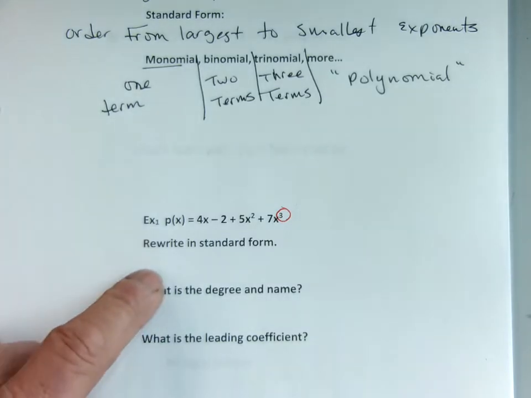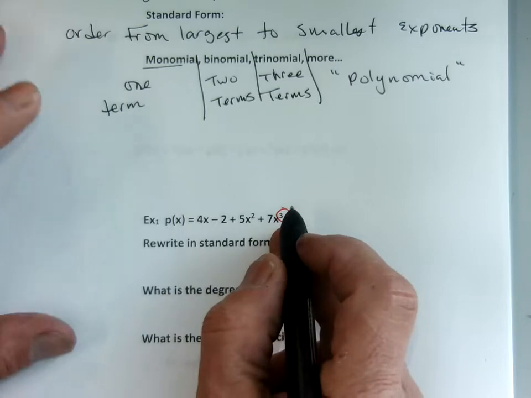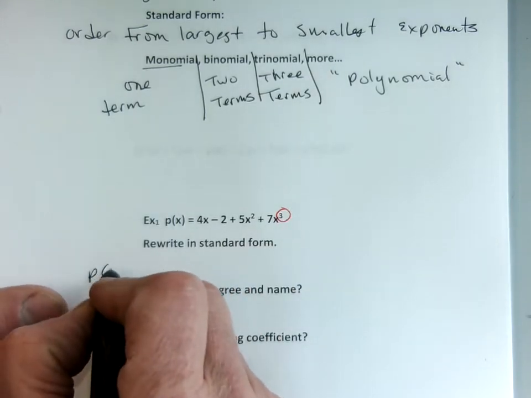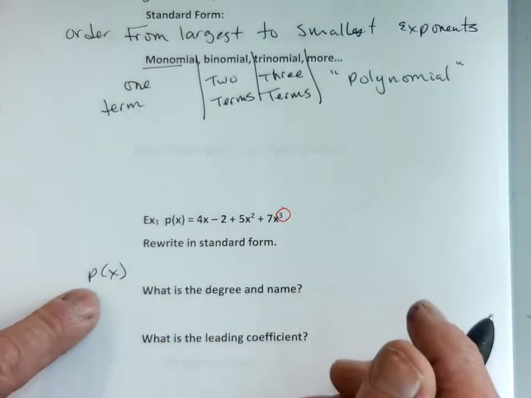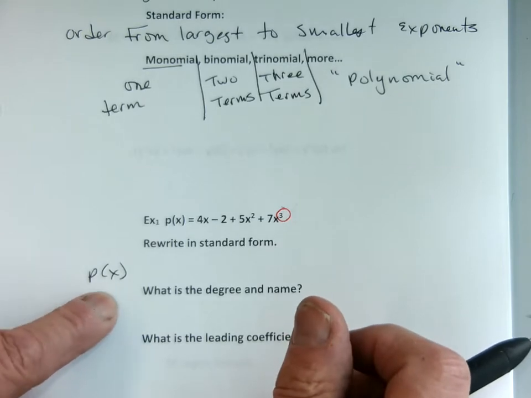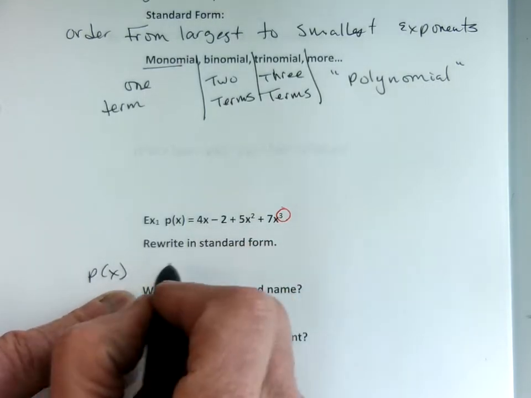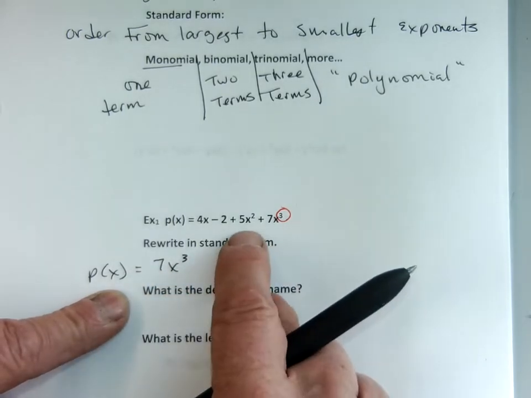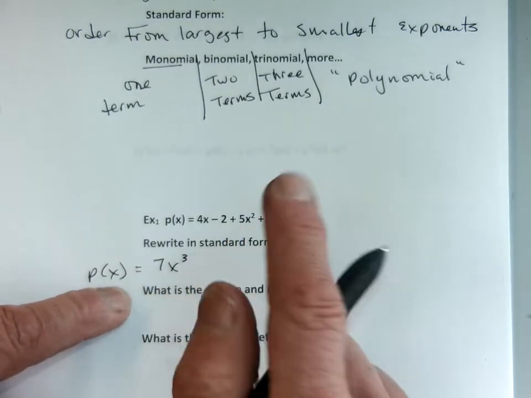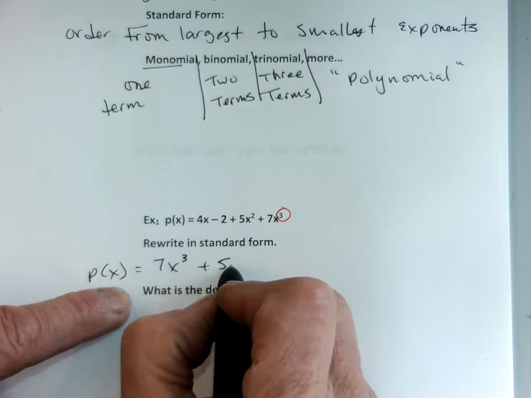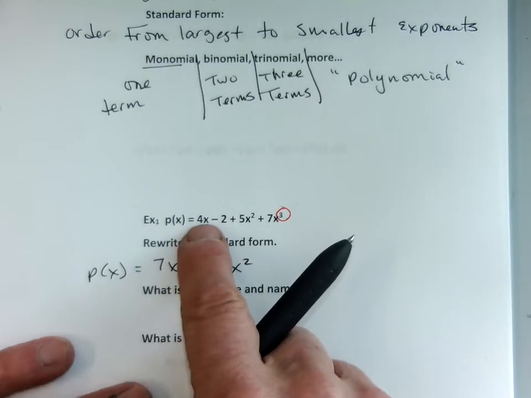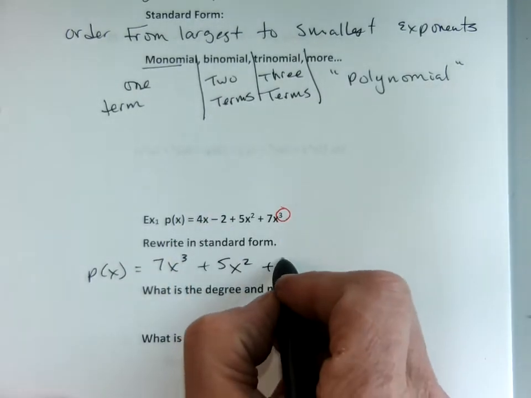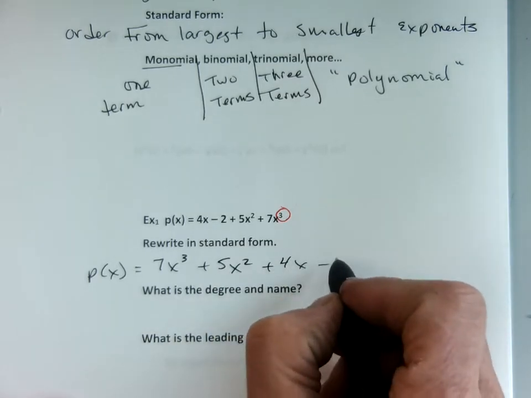So, rewrite in standard form, biggest exponent. So we're going to go P of x, and P of x means polynomial P of x, because our variables are x's. We're going to go 7x cubed, then the next biggest exponent, plus 5x squared, plus the next biggest exponent, which is plus 4x minus 2.